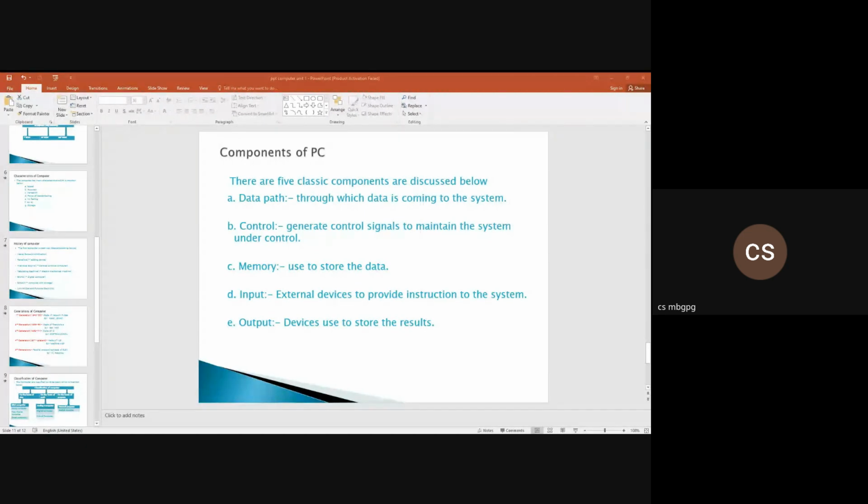A working memory is used to store data and instructions. Input devices are used to read the instructions, which we have discussed in our instruction cycles, and the data to be processed.